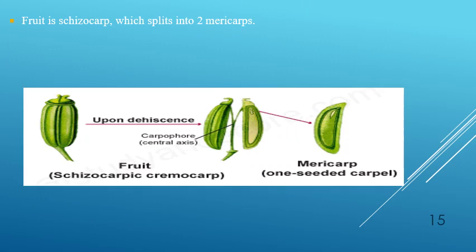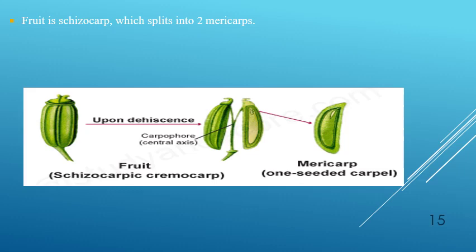So in Apiaceae family, the fruit can be divided into two parts. The fruit is a schizocarpic cremocarp. And for your information, a cremocarp is made up of two one-seeded carpels called mericarps.